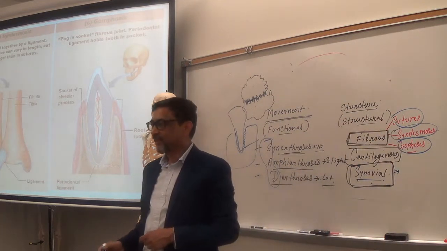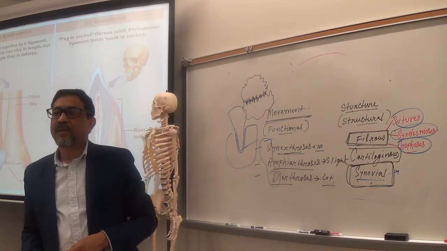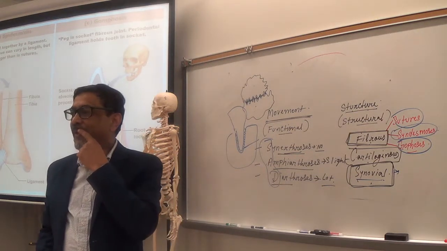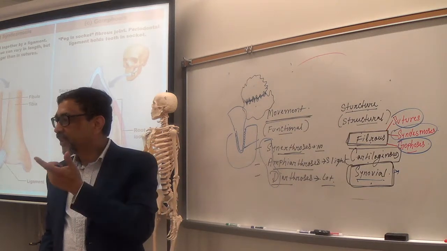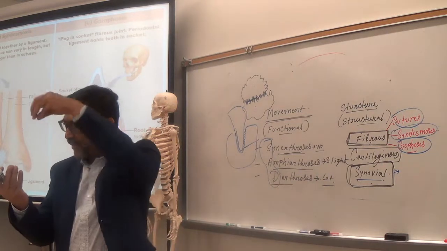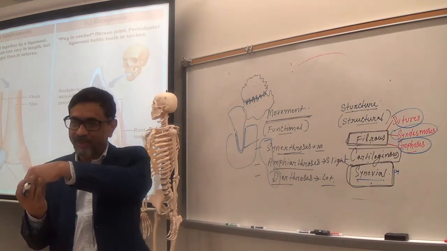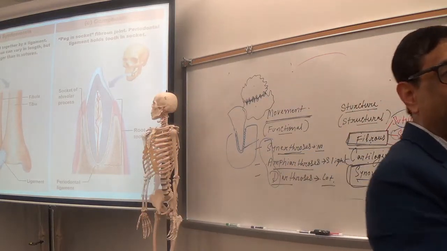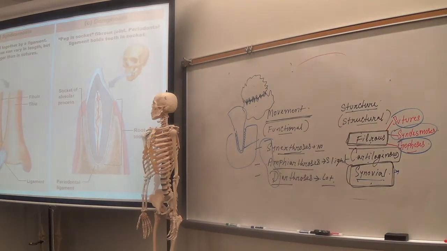Ligaments. Make sense? And gomphosis is only present where? In the jaw, teeth and jaw bones. So bony sockets and the tooth connected by what ligament? Periodontal ligament. Make sense? So those are 3 types of fibrous joints.